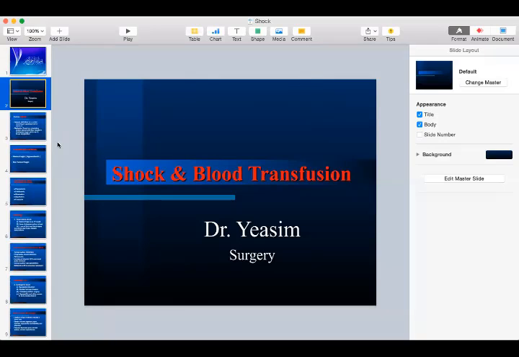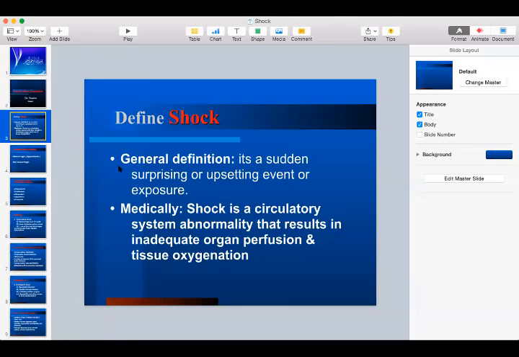Medically speaking, shock defines an abnormality or upset in the circulatory system that results in inadequate organ perfusion or tissue oxygenation. So both definitions are pretty similar in sense, but medically it's more relevant to what we are discussing today.